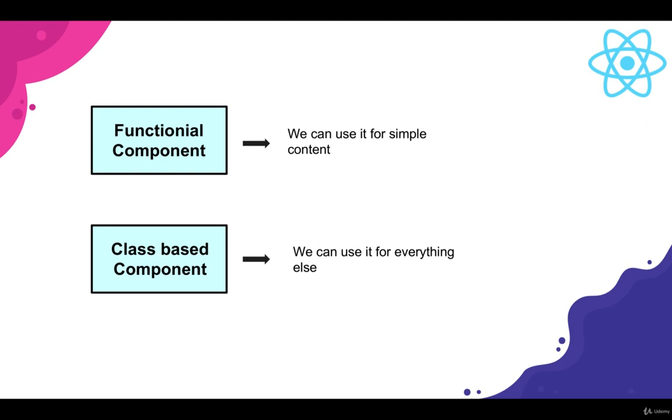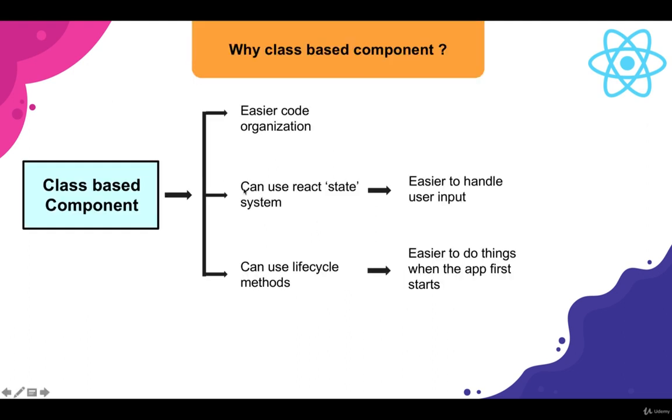In my opinion, one of the biggest reasons to use the class-based components is that we get an easier time to organize our code. That's in general. It's not always, but it's usually organizing our code is a little more straightforward.